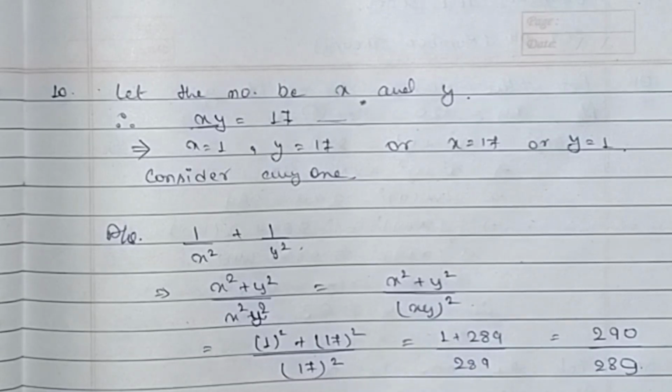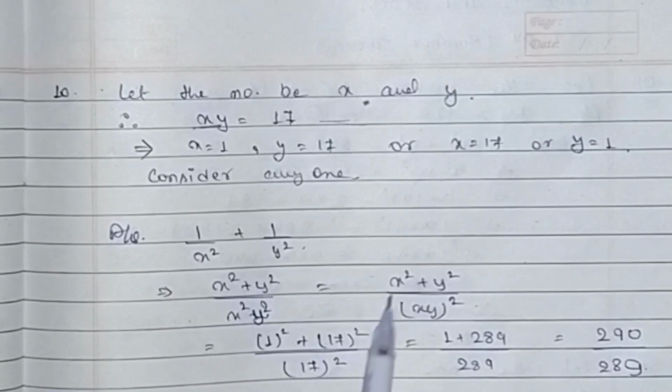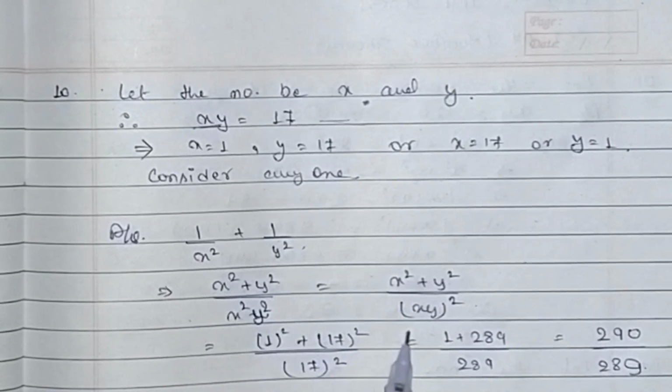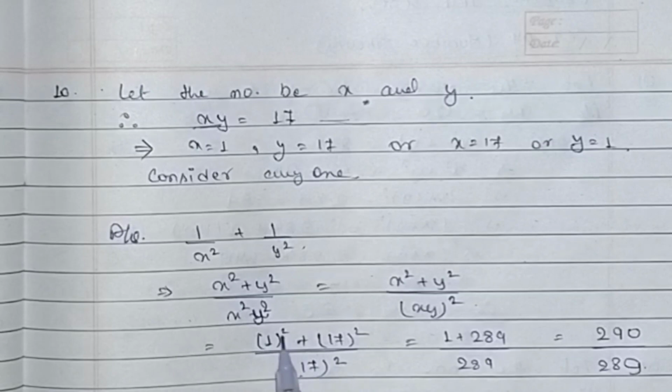Now we have put the value of x equals 1 and y equals 17 in the equation, and we have the product xy equal to 17. So we solved it further.